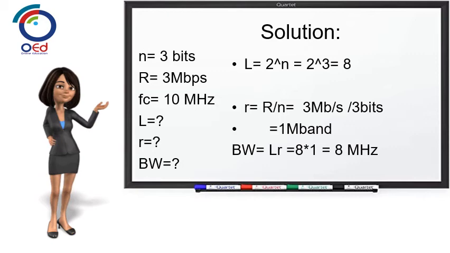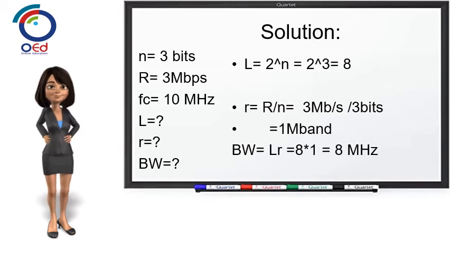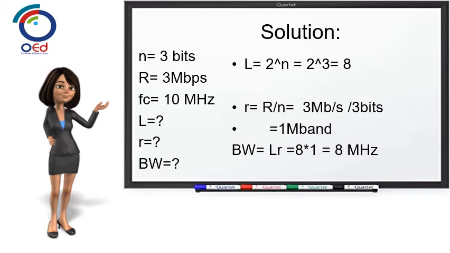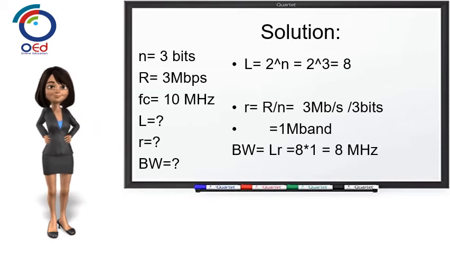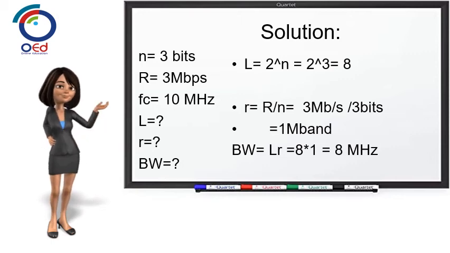And the last one is bandwidth. This is BW. So BW equals the number of levels times the baud rate. The value of L is 8 times the rate, and it equals 8 megahertz.